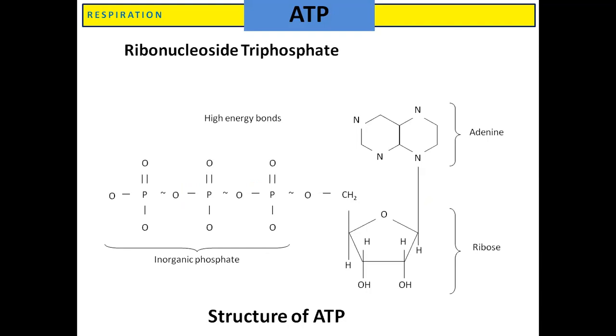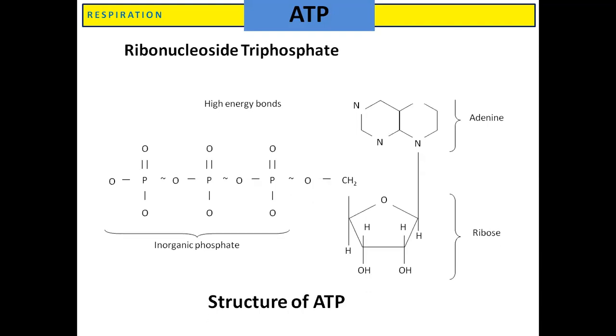Whenever these three phosphate bonds are broken down, they release free energy. About 18 kilocalorie energy is released by the breakdown of the three phosphate bonds of ATP. Therefore, we call ATP the powerhouse, the energy currency of the cell. And this released energy is used for different metabolic processes.